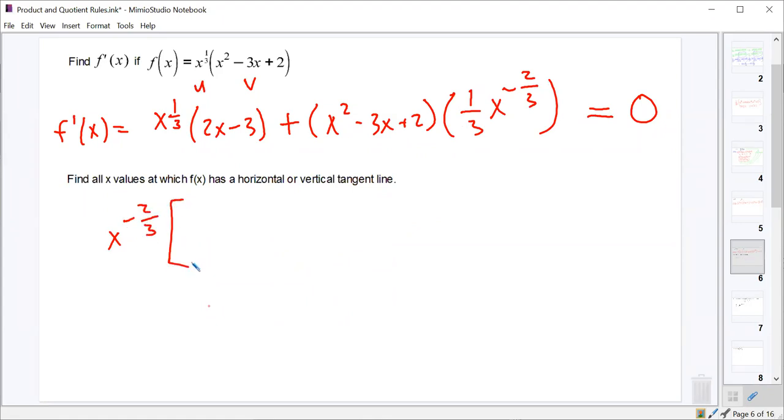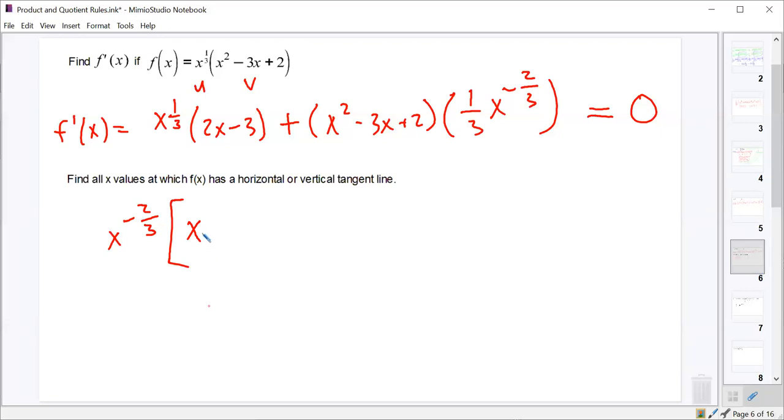So if I take out x to the negative 2/3 from x to the 1/3 times 2x minus 3, what does the x to the 1/3 become? X to the negative 1/3. Not quite. We took out negative 2/3 just from it. So we have to increase this by 2/3 because we took out a negative 2/3.